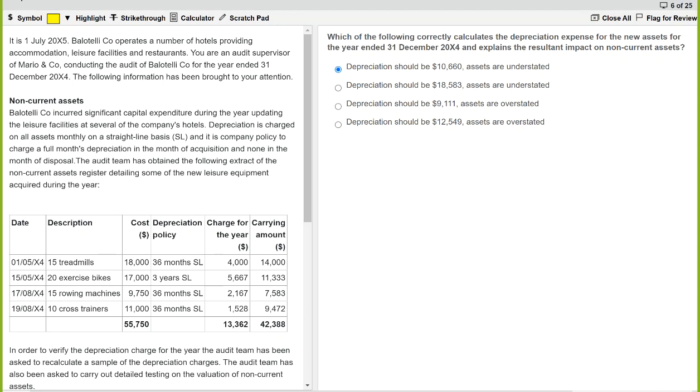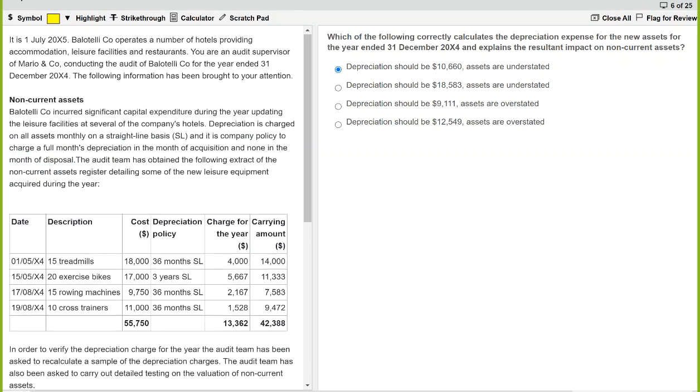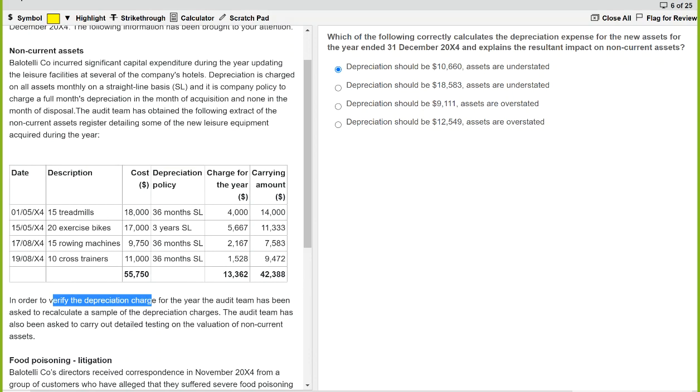Non-current assets. They incurred significant capital expenditure during the year, updating the facilities. Depreciation charge based on straight line method using full month depreciation in the month of acquisition, none in the month of disposal. The audit team has obtained the following extract from the non-current asset register. In order to verify the depreciation charge, the audit team has recalculated a sample of the depreciation charges.